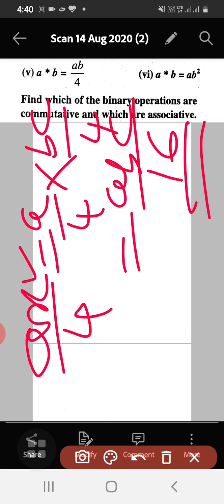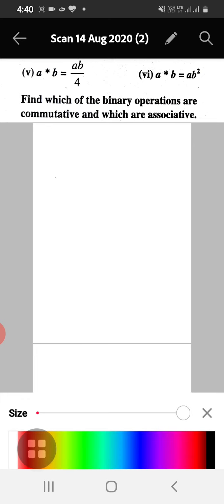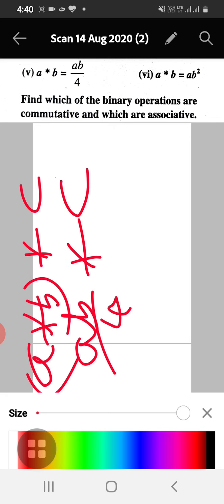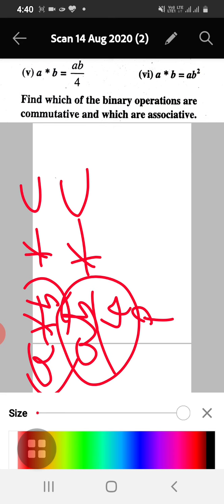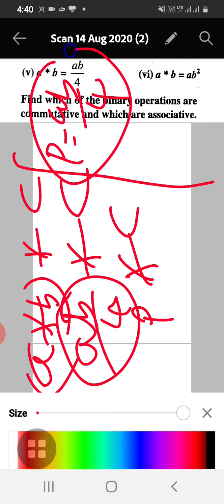So I will work out the other side, continuing with abc divided by 16. What was our other side? Consider (a star b) star c. Now this becomes ab by 4 star c. Now you treat this as say p star c. What is p here? Remember, ab by 4. So p star c means, by definition, pc by 4.